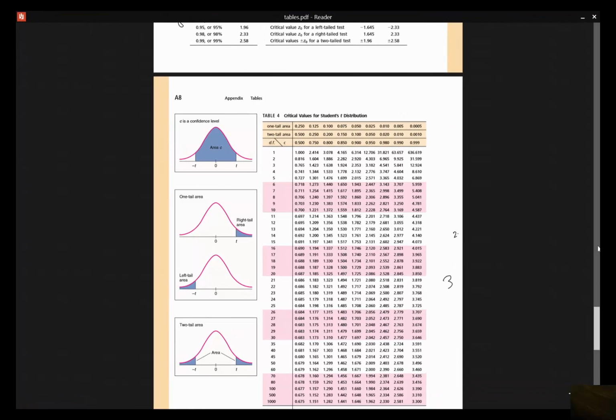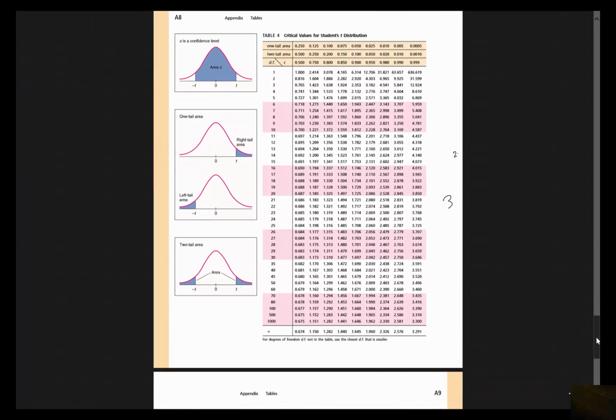I'll go to my table right here. So I need to go to 39, but 39 is not here. If what you are looking for is not there, you need to go to the closest one but below, not up. So 39 is not there, so you'll use 40? No, you have to go down.